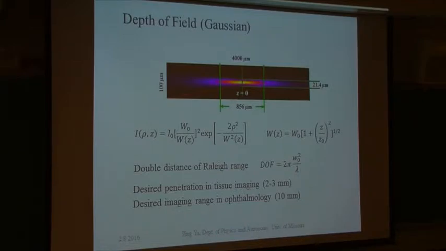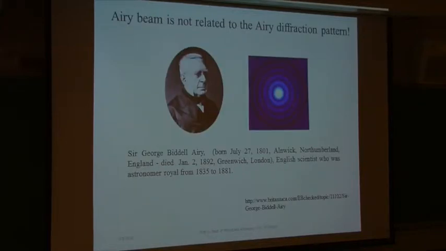The reason I'm emphasizing this point is that the Airy beam can improve DOF. So what is an Airy beam? Let's read this sentence over here. The Airy beam is not related to the Airy diffraction pattern.